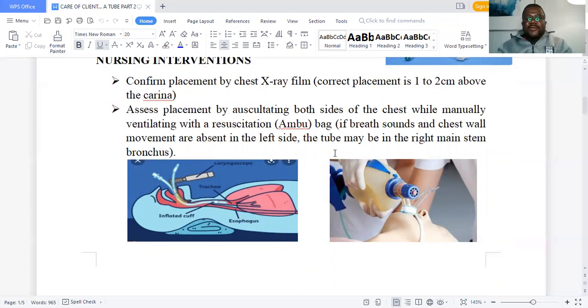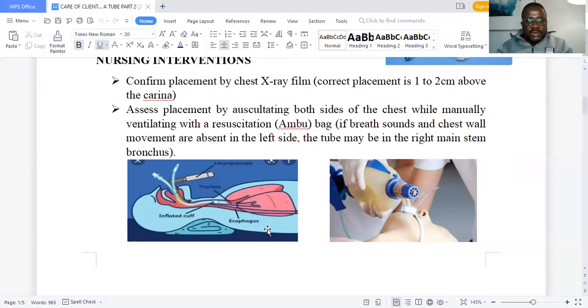So we're saying that if breath sounds and chest wall movement, the chest rise, are absent on the left, it means the tube has gone into the right bronchus, and so you are inflating through the endotracheal tube and the air is going only to the right. So there will be no chest rise on the left, so there will be absence of chest wall movement.